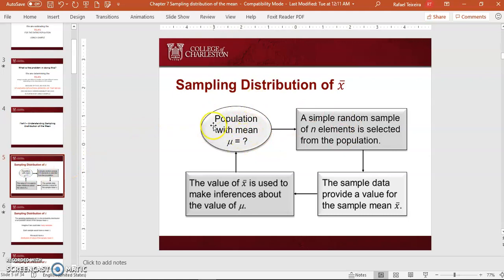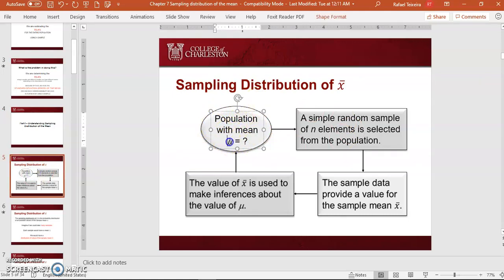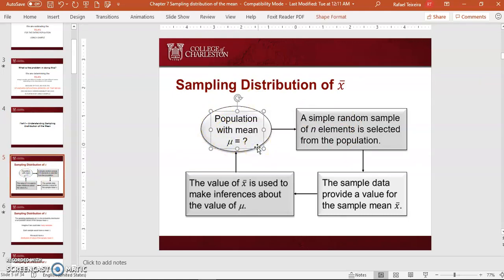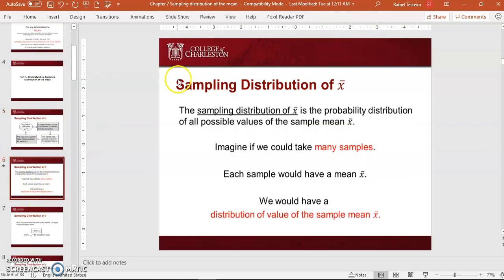Again, we have a population and we don't know the mean of the population. We use a random sample to get data and compute the sample mean, and then we use this sample mean to estimate the population mean. Because we have different samples, we can have a sampling distribution of the sample mean.